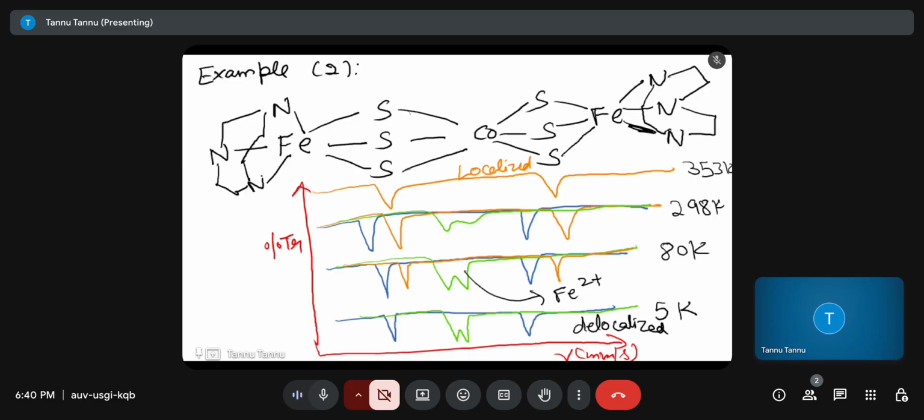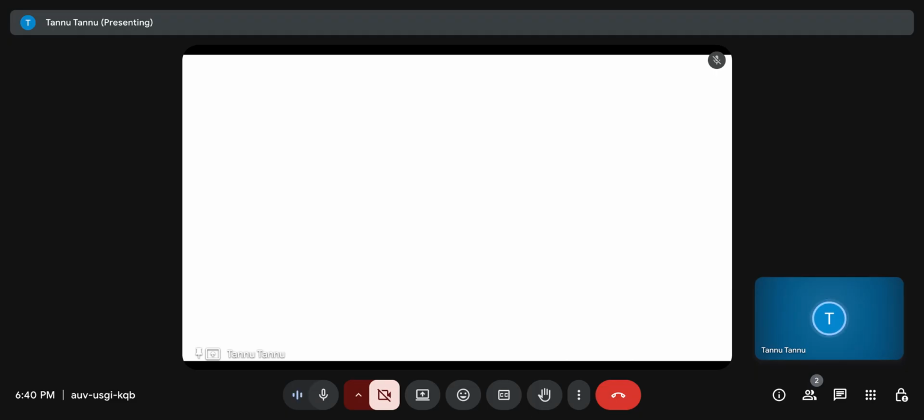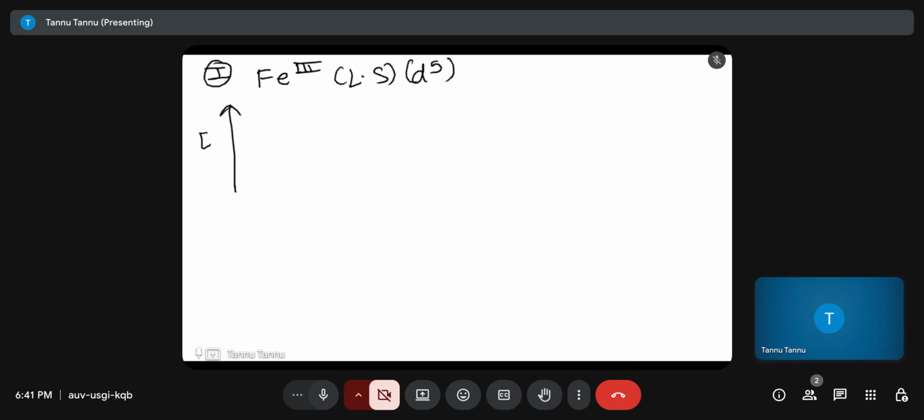So let's discuss what exactly is happening in this complex. So we have first Fe3+ low spin d5 complex, and the electron filling happens, that is pairing of electrons in the t2g orbitals.